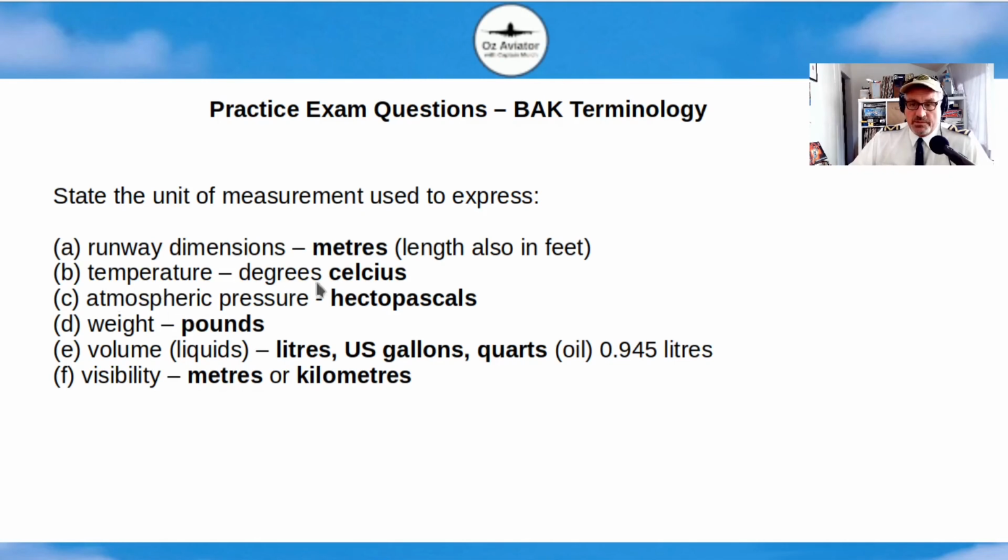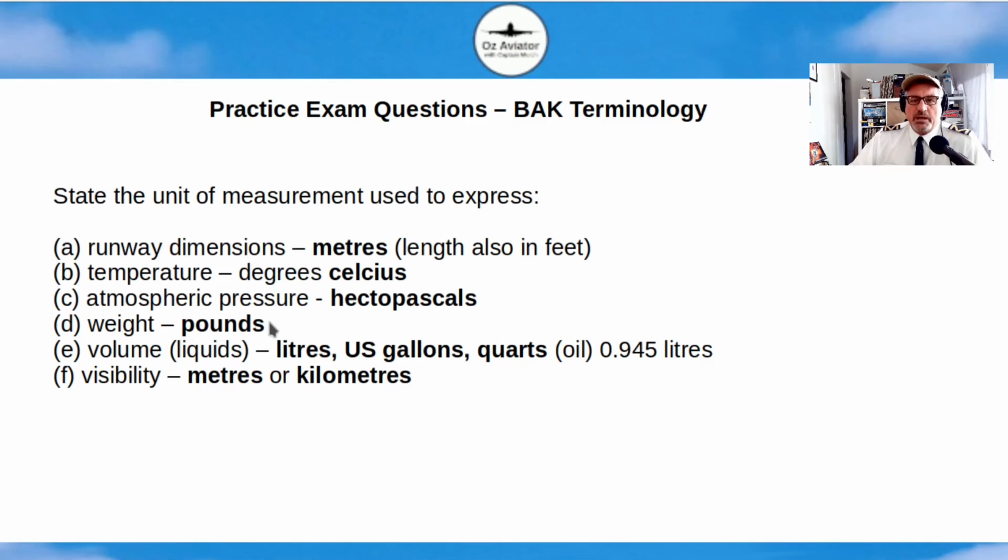Temperature is always measured in degrees Celsius in Australia. Atmospheric pressure, always in hectopascals. So we don't use the American, the Americans use inches of mercury. We use hectopascals. Weight is in pounds. And the reason for that is aircraft weights are always in the pilot operating handbooks in pounds.